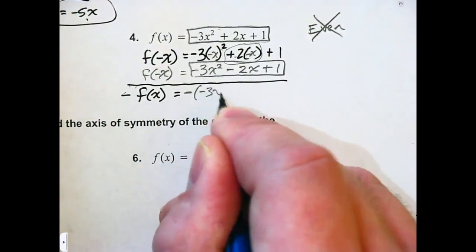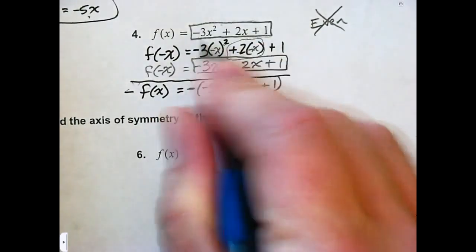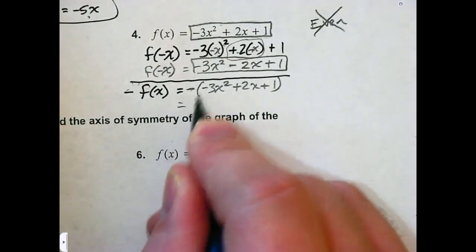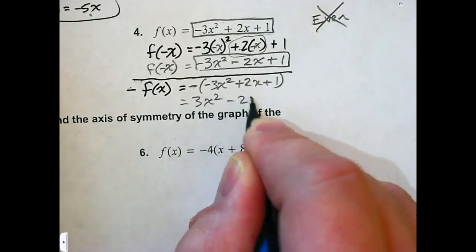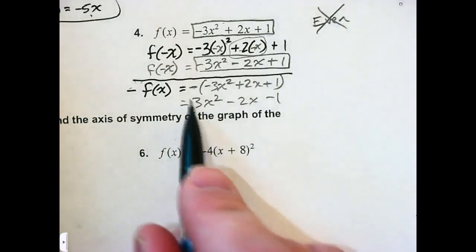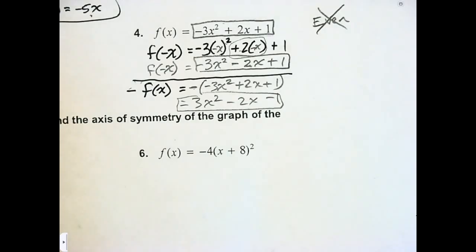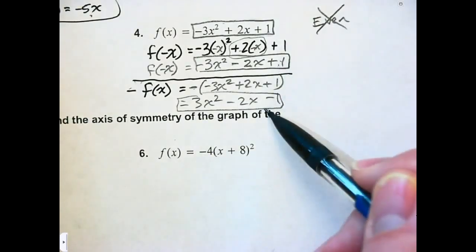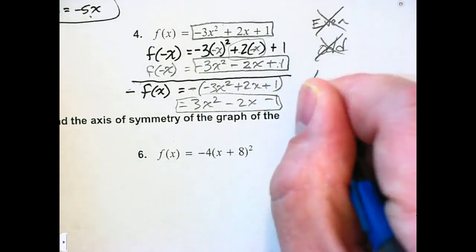So I have negative of 3x squared plus 2x plus 1. That's what f of x is. And I'm multiplying it all by negative 1. So that changes all my signs. That becomes negative 3x squared minus 2x minus 1. Okay? Is this the same as that? Nope. This is not odd. It is neither.